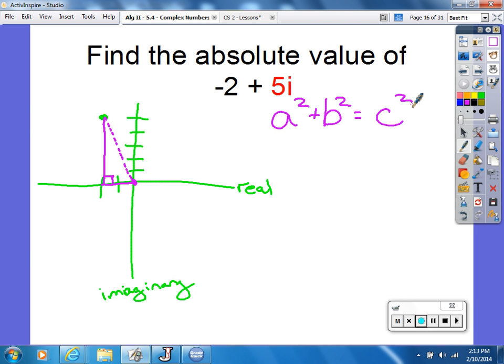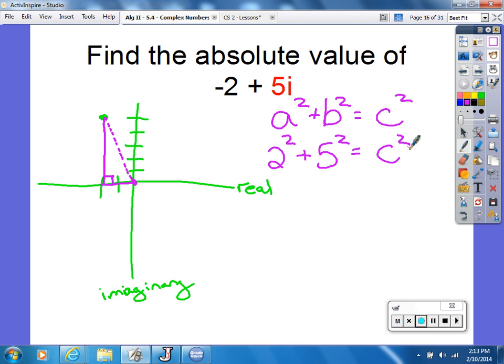Now, how far is this right here? 2. Now you could use negative 2, or you could use 2. What's 2 squared? 4. What's negative 2 squared? 4. No matter what, it's 4. Okay, so I'm going to put 2 squared. How far up is this? 5, so 5 squared equals C squared.